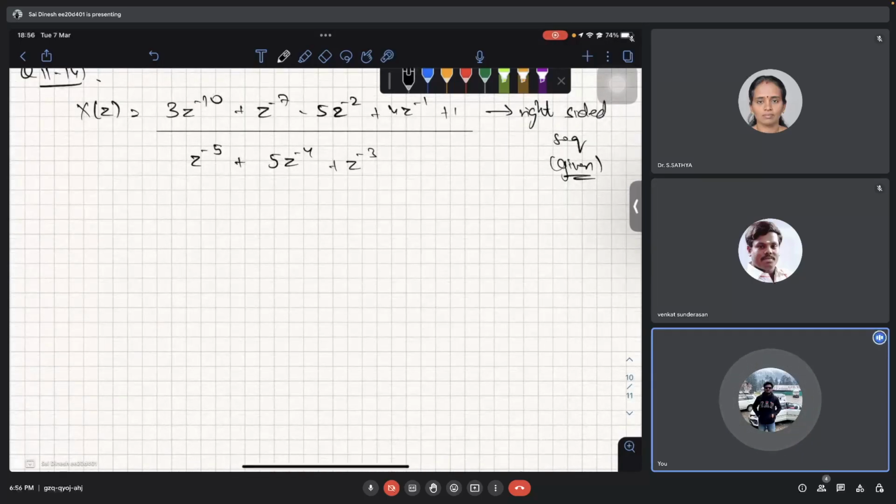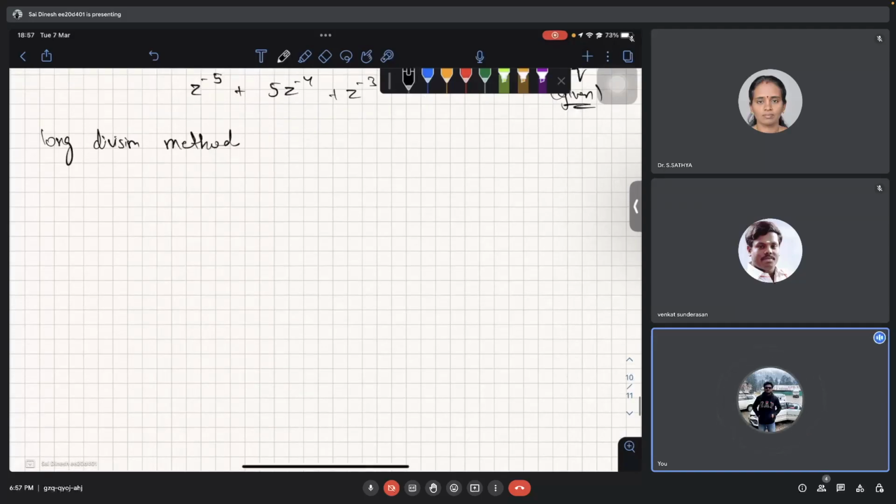So now you do this simplification using the long division method. Since it is a right sided sequence, you should have something of the form which goes to negative powers of z. So you divide the long division accordingly.